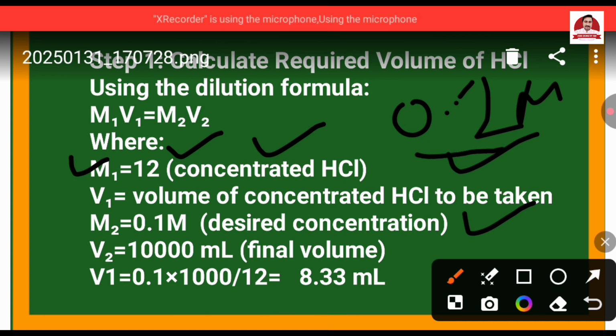that is 0.1, and V2 is the final volume, that is, we have to dissolve this into the desired final volume, which is 1000 milliliter or 1 liter.